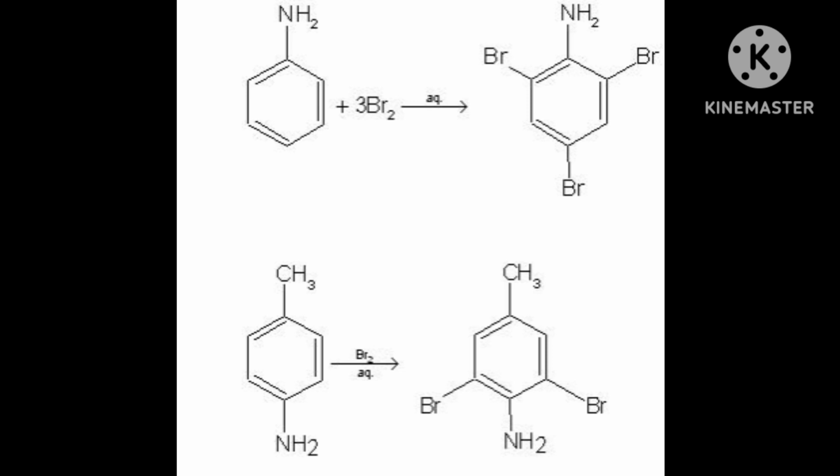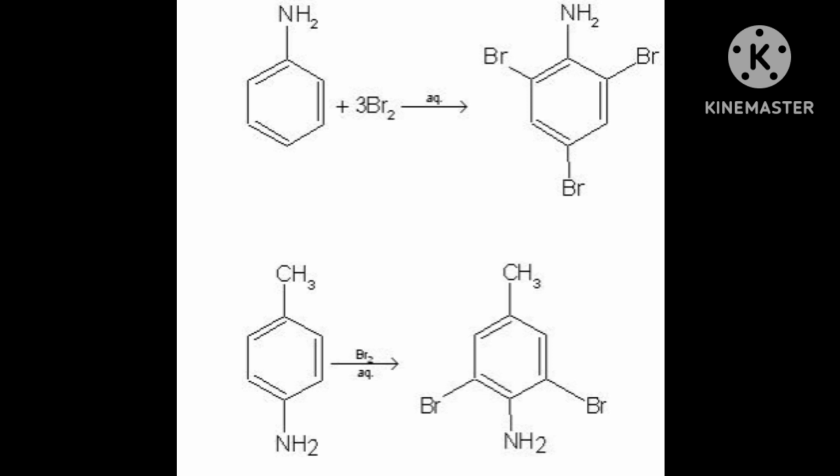Then you will finally get 4-bromoaniline, correct? And this CH3 C double O will join with OH and form acetic acid, CH3 C double OH, correct?